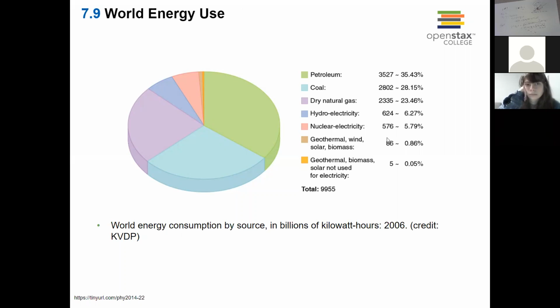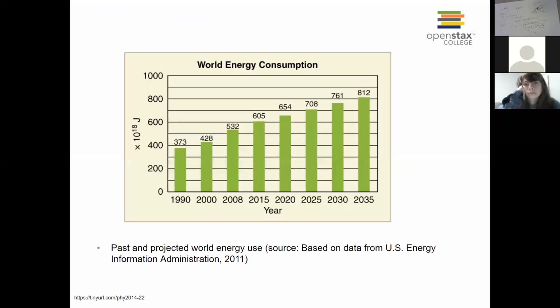Still the majority of the power sources are not environmentally friendly, or are non-renewable. We have seen the increase of energy use over the past 3 decades, and these are the predictions for the next 15 years or so. You can see increased usage of energy.